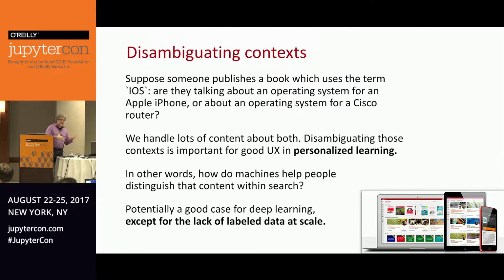If you have enough signal on a person, yes, you can use that as a prior. But when they first start out and have initial experiences, you want those to be good UX experiences, and you don't have data on them. So there's kind of a chicken and egg problem there. This would be great to use deep learning on, except that by definition we don't have labeled data, so we can't really train. We have to bootstrap that.